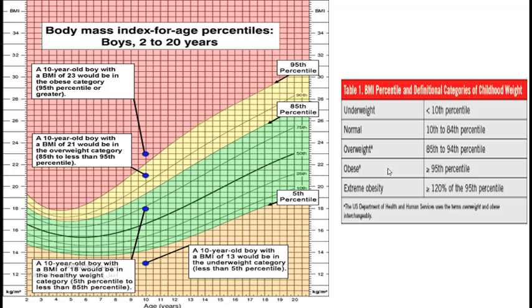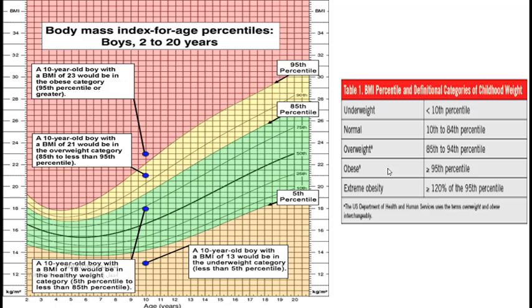Okay, children and teenagers, because the range is between 2 to 20 years. Both on the right and on the left, the BMI is indicated, and the age by years at the bottom.